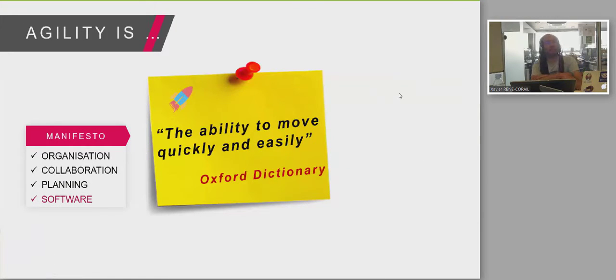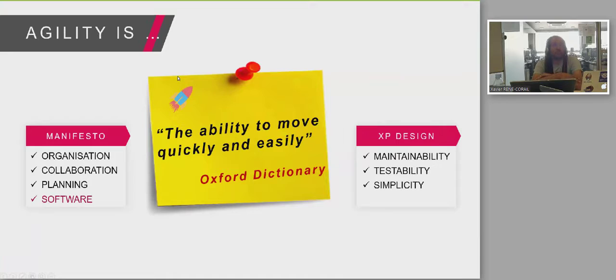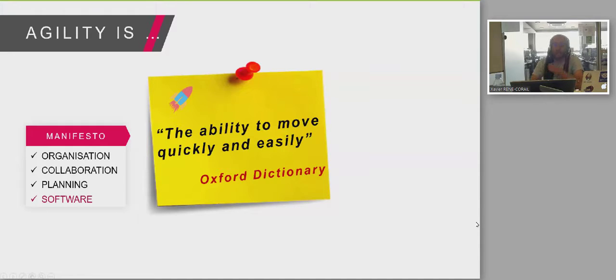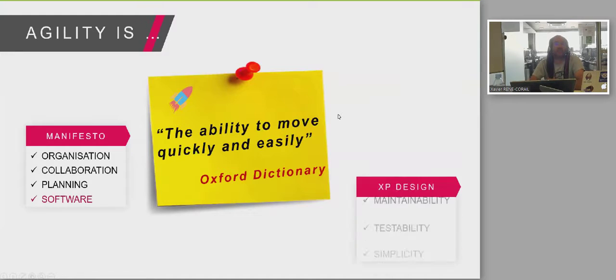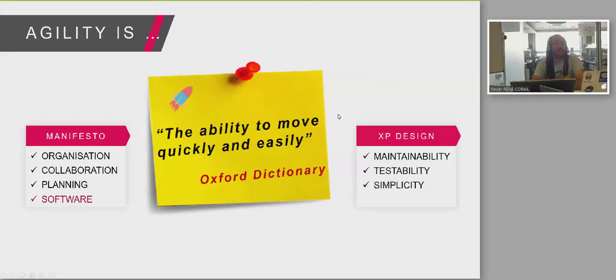because for me, if we explain what agility is, agility is the ability to move quickly and easily. It's simply that. And if you look at the manifesto, it addresses the capacity to make changes around the organization, collaboration, planning, but of course, and most important of all, the software. And if you look at the design of extreme programming, you will find the same quality attributes of maintainability, testability, simplicity, which are at the heart of extreme programming.